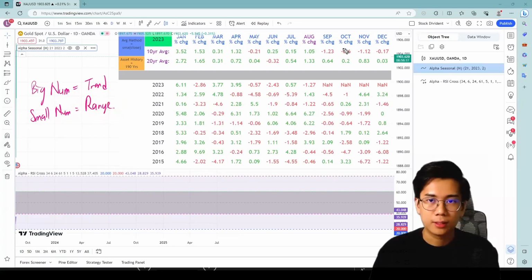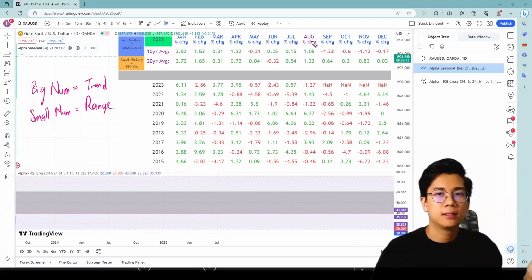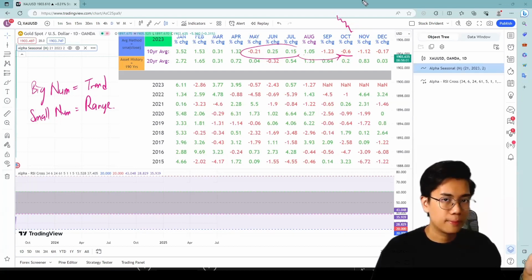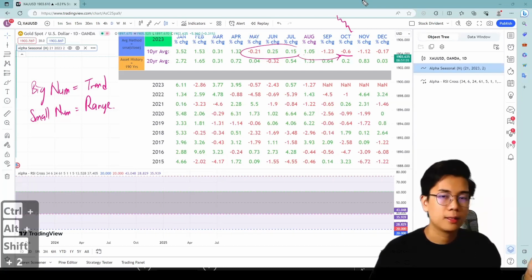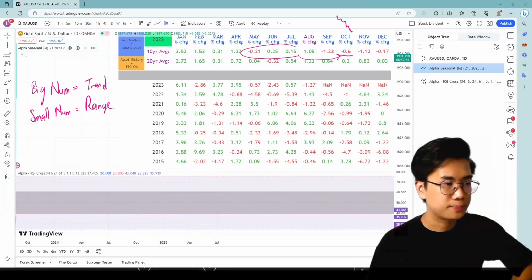How about October? You need to compare for the whole year. 0.6 compared to the rest is still considerably big, meaning there is a chance to drop further as well. Now, that is the average estimation for you guys.